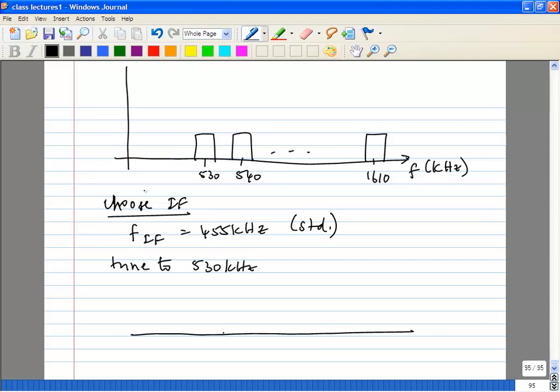So now what that means is your FRF is here, and that's 530. What is your FLO? Right, 985 kilohertz.